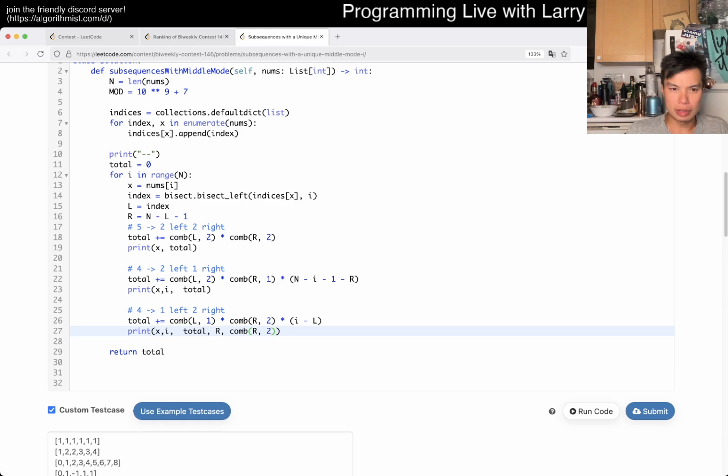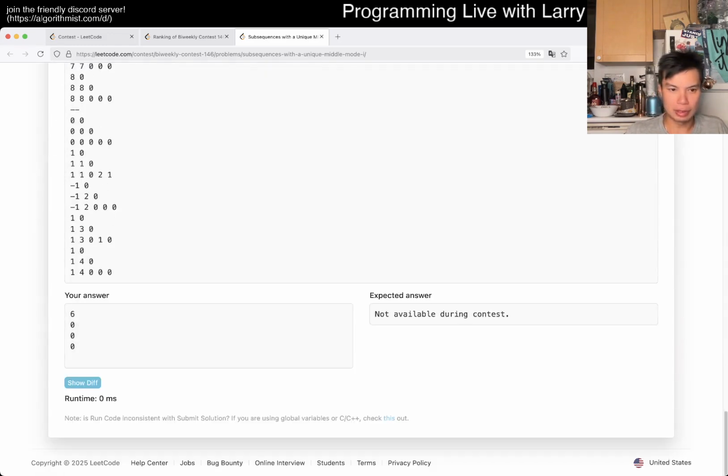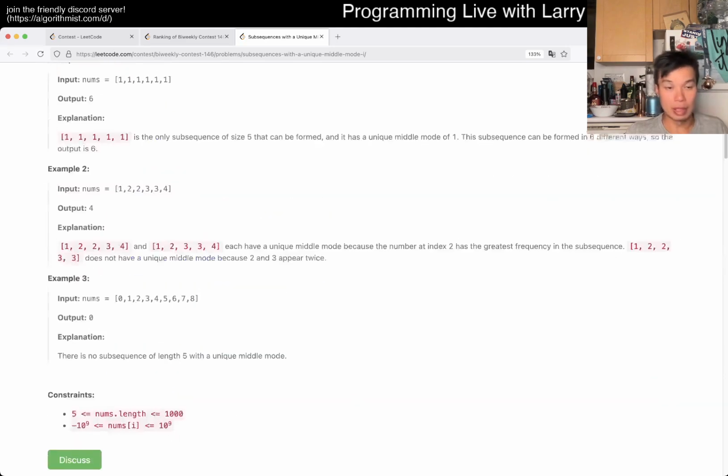R is 3. Why? No, this is an n, that's why, because this is length of indexes of x. I am being a dumbo. Okay. Okay, now we're good again. Yeah, okay.